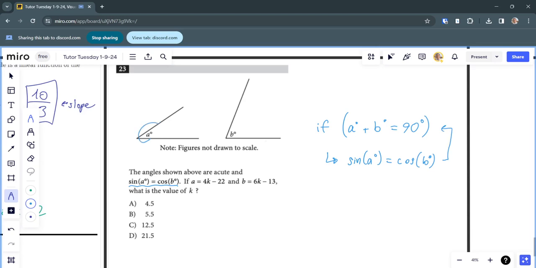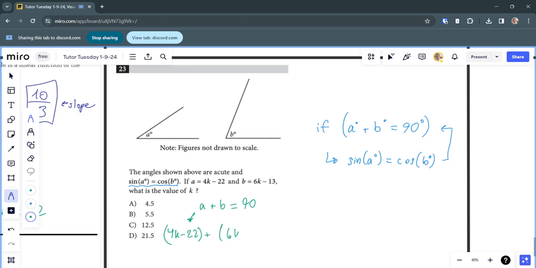So now we know that angle A and B add up to 90 degrees. That's the missing piece of information you need to be able to connect this to solve for K. Otherwise, you do not have enough information to be able to solve for K because you have an unknown A, unknown B, and unknown K with only these 2 equations. But now we have a third equation, 3 equations and 3 unknowns. So we can take A plus B equal to 90 and just replace the A with 4K minus 22.